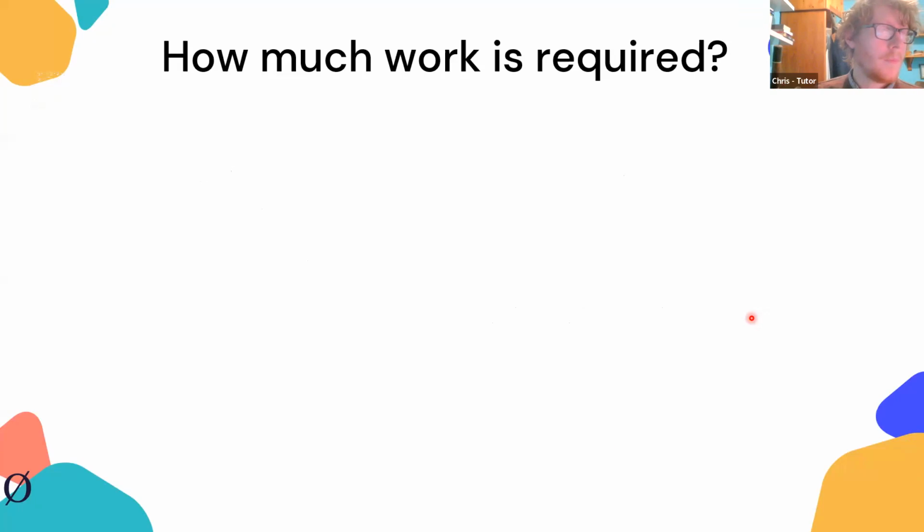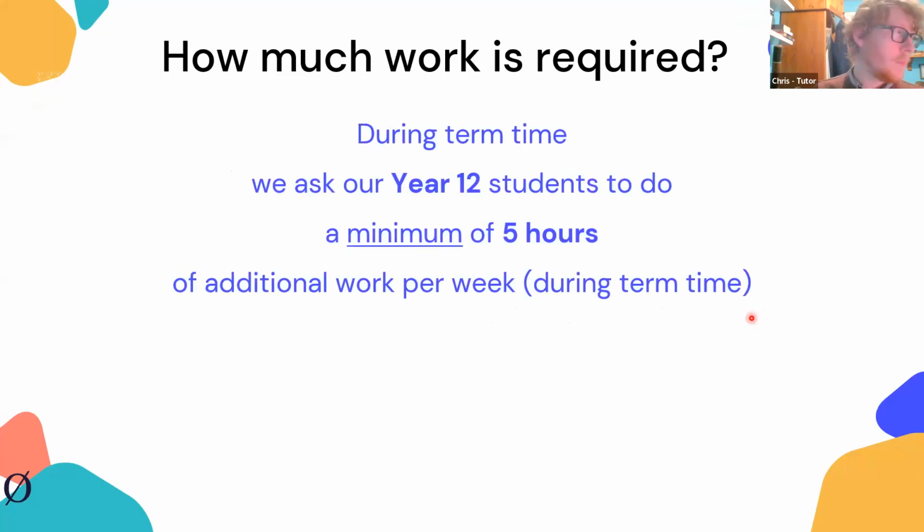Okay. And then how much work is going to be required of you between now, say, and when you actually come to do this test? So for people who are on our program, somebody put in the chat, what is the mastermind program? Essentially, here at the Oxbridge Formula, we train students to start thinking about problems in the right way. We have a 1-year program for year 12 students, which starts now and ends in December, and a 6-month program for year 13 students, which starts now and ends when the step papers start, basically.